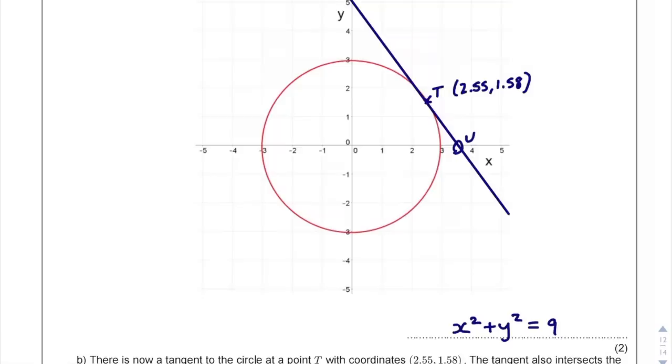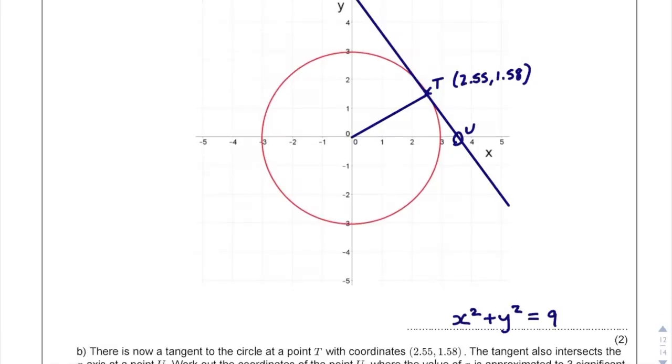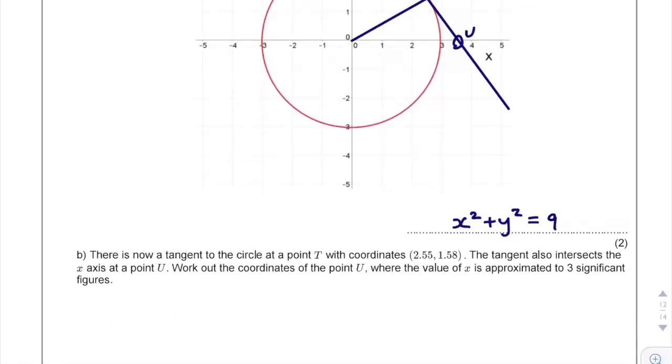So what we're going to need to do is work out the gradient of the tangent. So if we're going from the center, 0, 0, to the point 2.55, 1.58, we're going along 2.55 units and we're going up by 1.58 units.